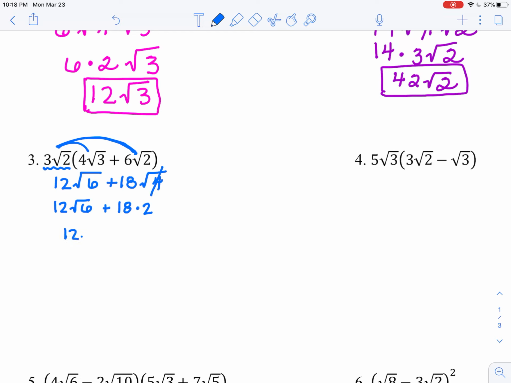So now I have 12 root 6 plus 18 times 2 is 36. Remember, we can only add radicals that have exactly the same radicand. So 12 root 6's cannot be combined with the plain old number 36. So this is our final answer.